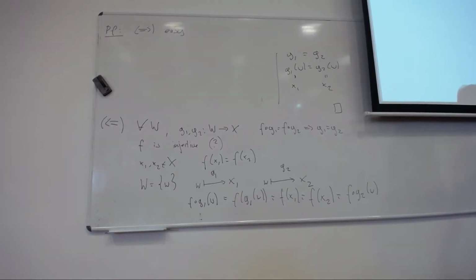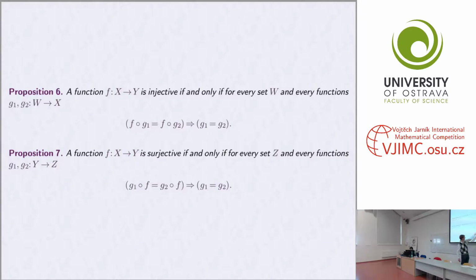For any element from Y, you can pick some element from X such that y is equal to F of x. So you can compare values of G1 and G2 for every single element of Y. This is really easy, so let's not waste time on this.